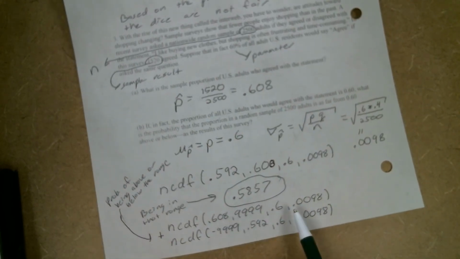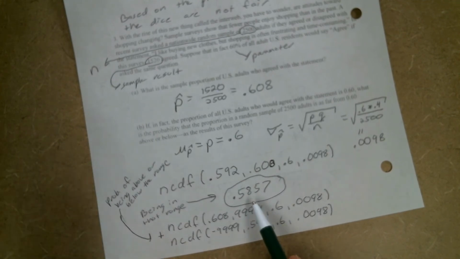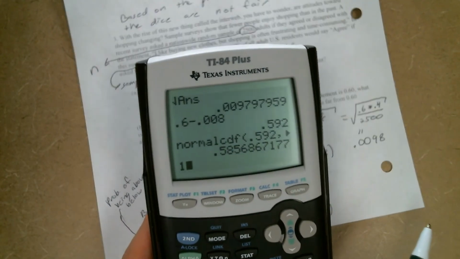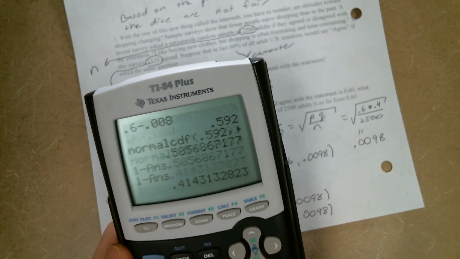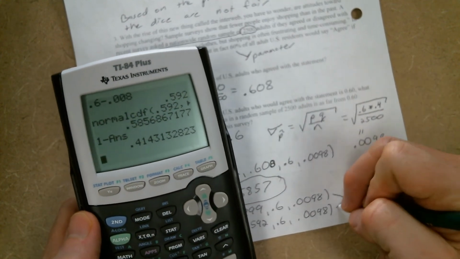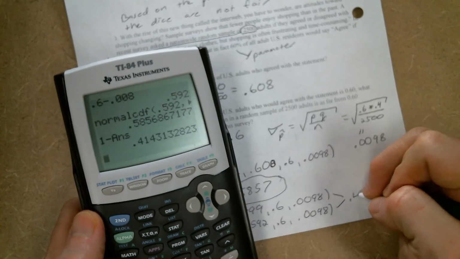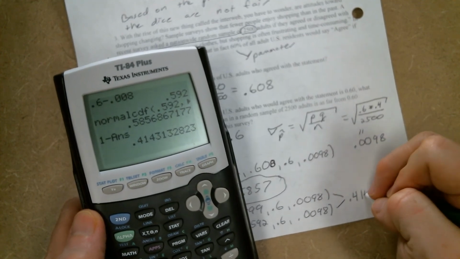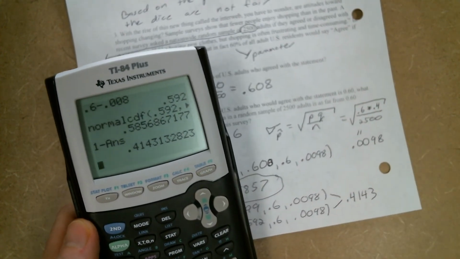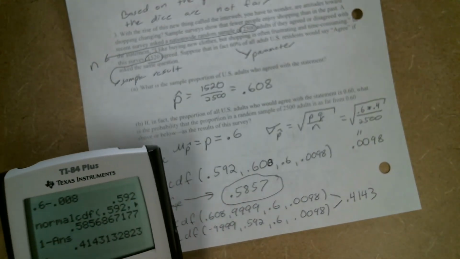Now, I could calculate this directly, put this into the calculator, put this into the calculator, add them together. But I also know it's just going to be 1 minus this, because the entire curve has an area of 1. So if I do 1 minus this answer here, I get 0.4143, which is the same thing I'd get if I did one of these.